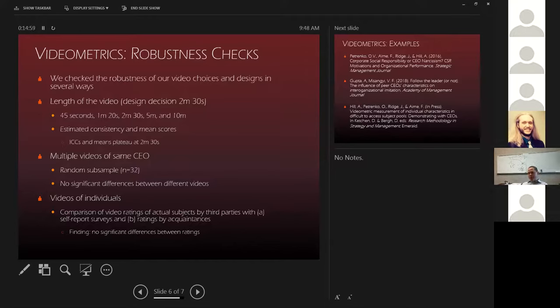Initially we did just a random sample, but we actually repeated this robustness check for another study, and what we see is that the ratings are very consistent. So if you take two different videos of the same CEO across different times, you see that the ratings are pretty stable, which goes along with all the research in psychology that shows that personality is stable.